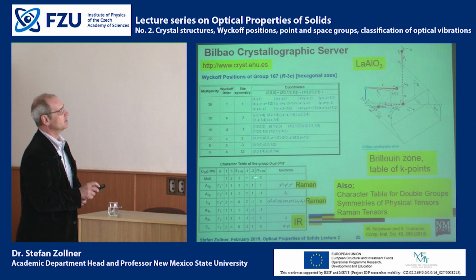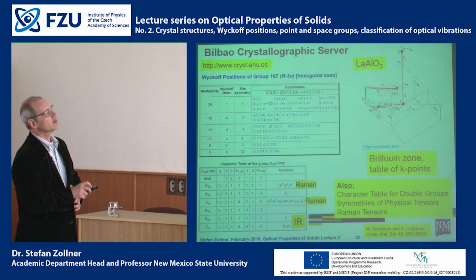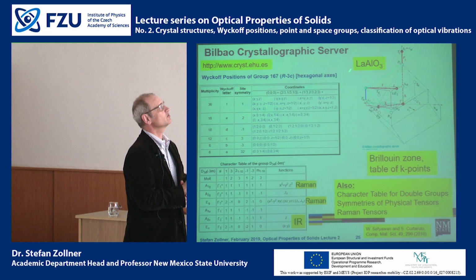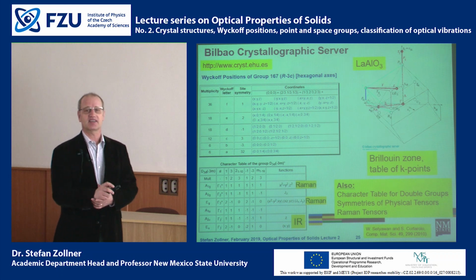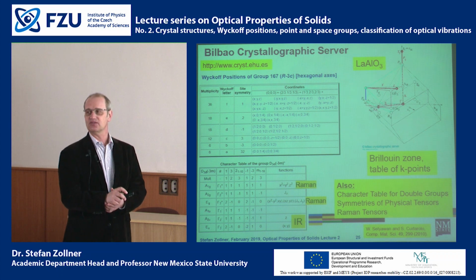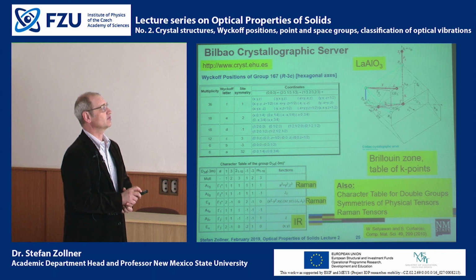You find the character tables of the point groups and the space groups. And you find the Brillouin zone. So let's say you find a paper about a band structure for lanthanum aluminate, and they have given you a band structure diagram, but without knowing what the Brillouin zone looks like in lanthanum aluminate, the band structure picture itself can be rather difficult to understand.